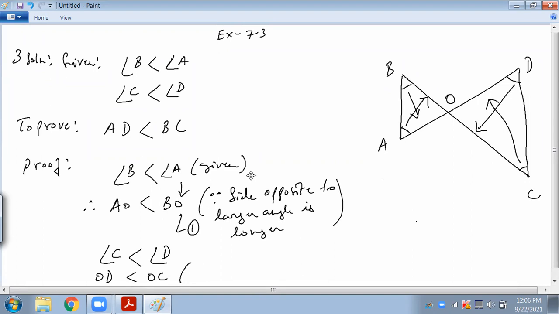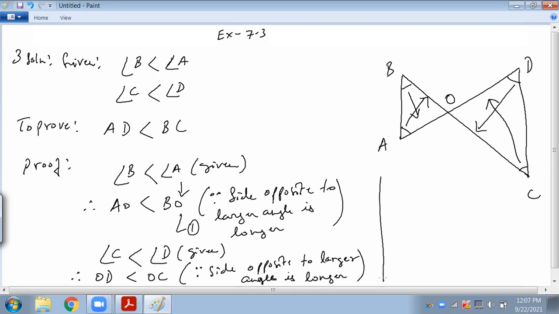Again, the same reason: since the side opposite to the larger angle is longer. We can mark this one as equation number 2.